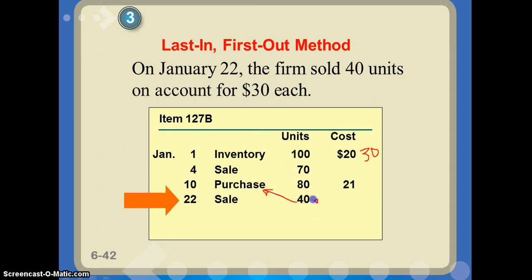So we're going to sell 40 items at $21. Then that means we will end up having 40 of those still left. Go ahead and journalize the 40 items at $21 cost of merchandise sold and 40 units at $30 for the sale. Pause and try your journal entry.